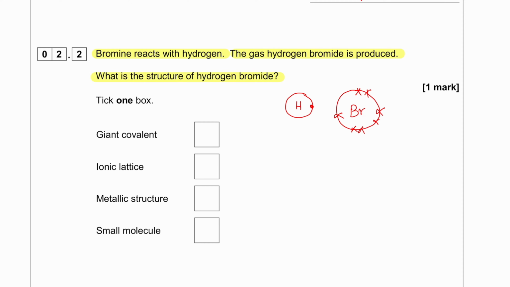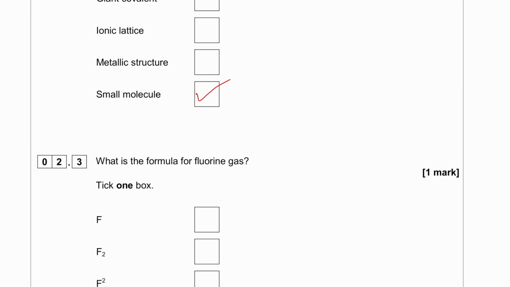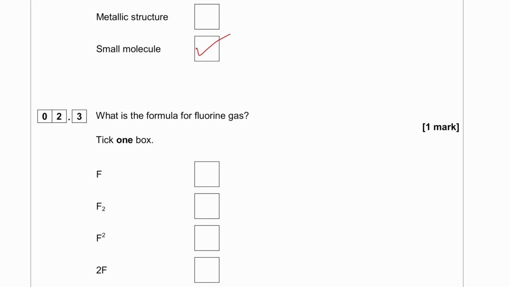So if the hydrogen were to share electrons with the bromine, it would share like this, preferably, to fulfill the octet state. So definitely it would be a small molecule. All right, so the answer will be small molecule.